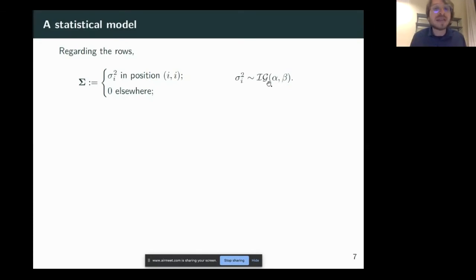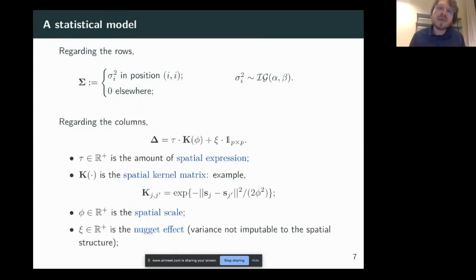This matrix is very big, but actually can be a sparse matrix, so to avoid the estimation of all the elements, we induce this mixed effect model in order to account for the correlation of the genes. In the same way, we specify the correlation of the cells using this structure. For those who are familiar with Gaussian processes, this is a spatial kernel matrix, which is a matrix that depends on the distances among the spots.